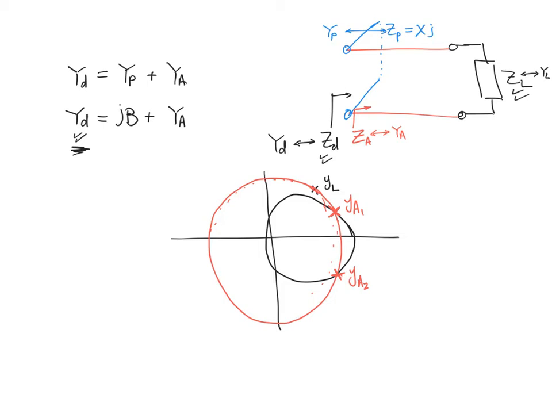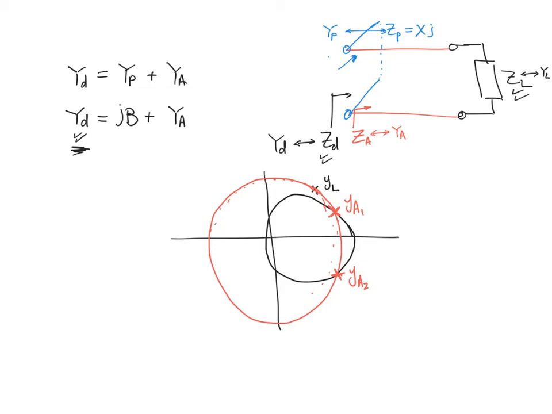So now if I know the YA, I can simply figure out what should be the impedance that I see from here, which is basically YP, right? So YP or ZP is the impedance seen from here only for the parallel part, right?